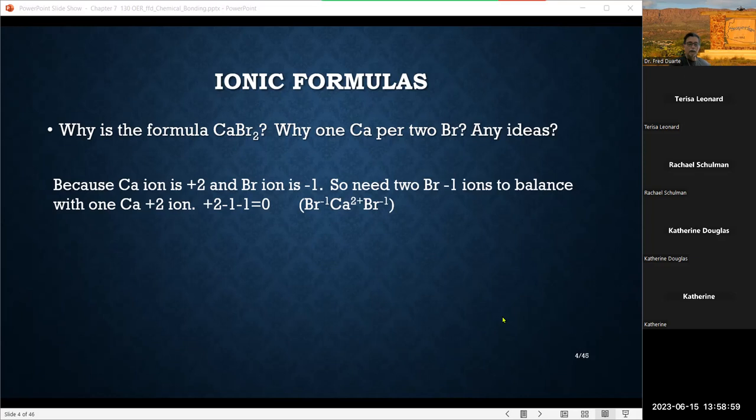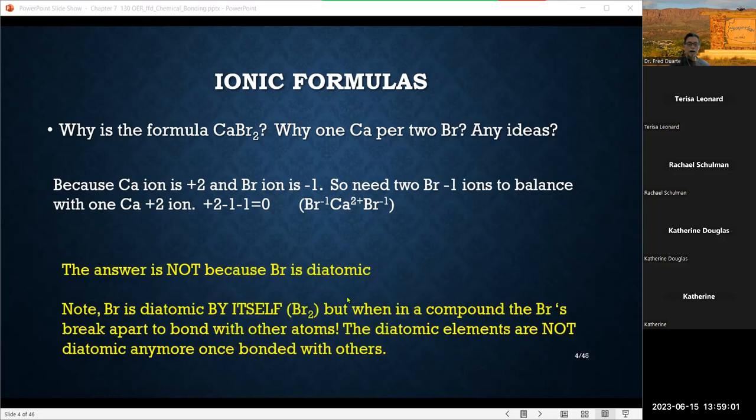Now, this is a question that's popped up, and I can understand where a student may think, okay, it's diatomic, so I write the formula as CaBr2.